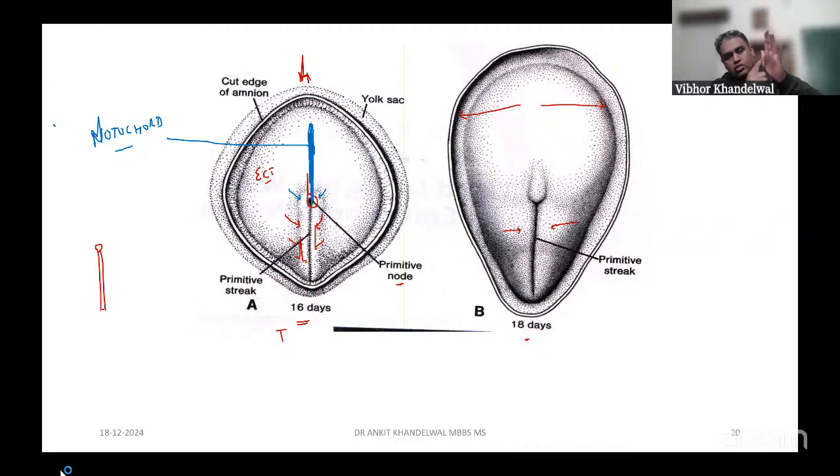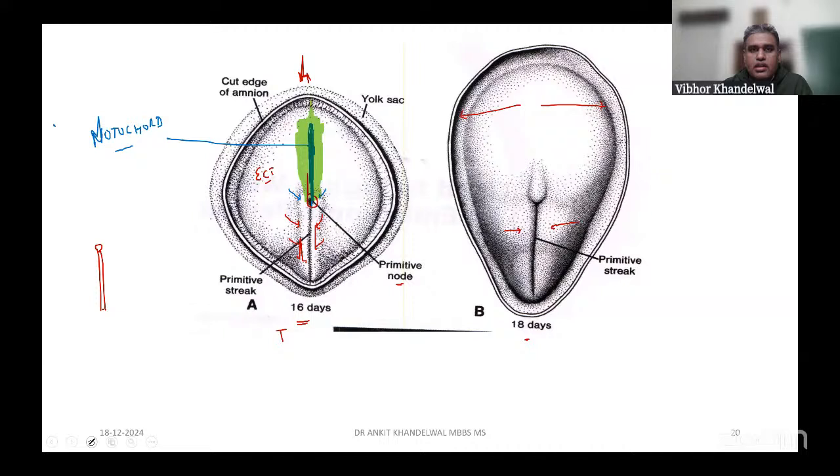Now what does the notochord do? It is going to induce some changes over here. Not in the entire ectoderm, but wherever the notochord touches the ectoderm, the changes will be happening at the place where the notochord is touching the ectoderm. And then this part of the ectoderm becomes a neuroectoderm. It is a part of ectoderm only, but it is slightly different from the ectoderm, and that is known as neuroectoderm.